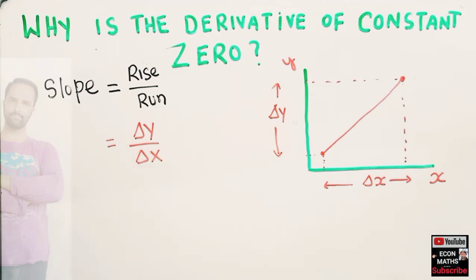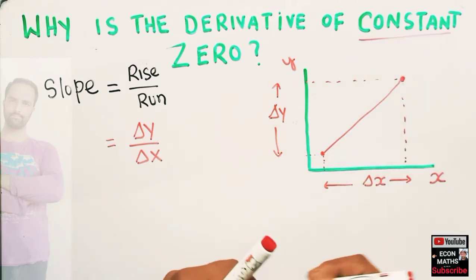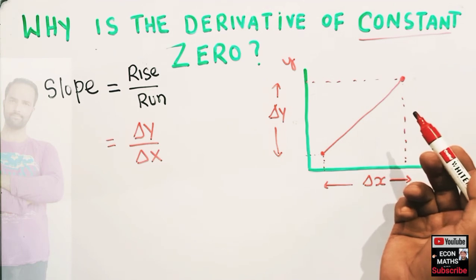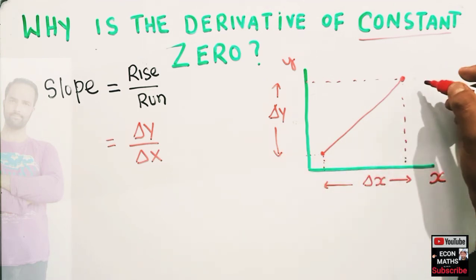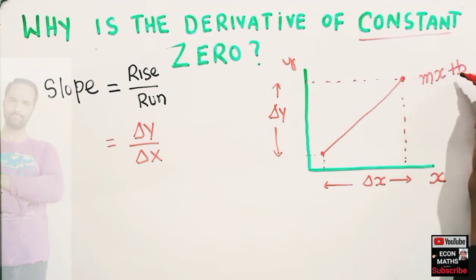And what about a constant? This is the slope of a line, a line of the form mx plus b, and its slope will be equal to m. Obviously this b is the intercept.